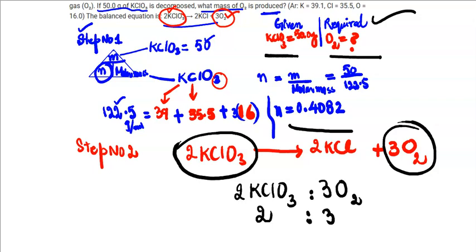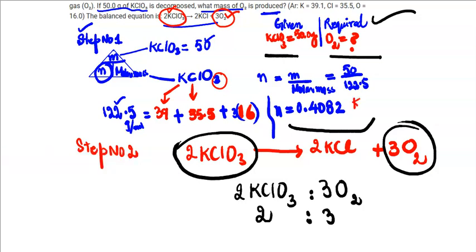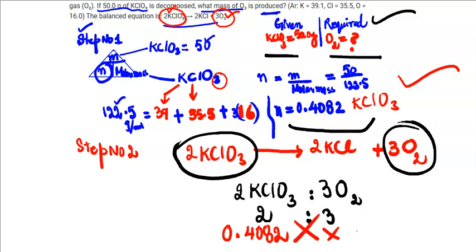Now what about these moles? 0.4082, these moles of KClO3 which we have calculated here, they are 0.4082, and we just take the ratio: 0.4082 multiplied by 3 and divided by 2, and we get the answer, that is 0.61224, right?